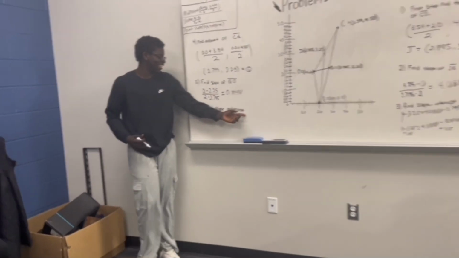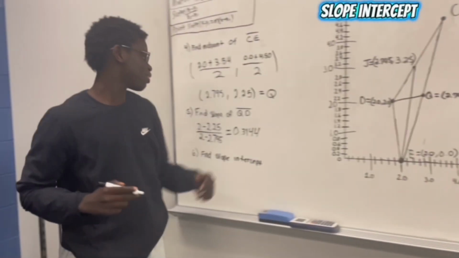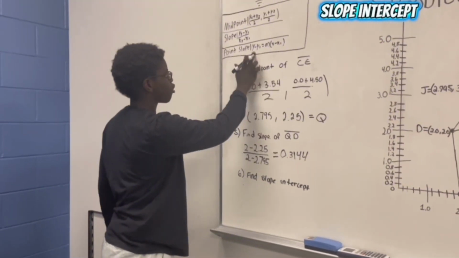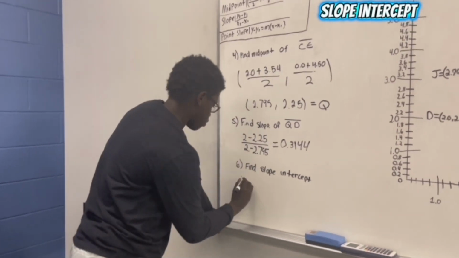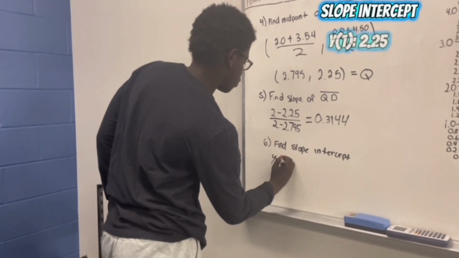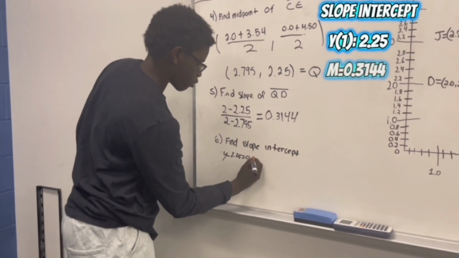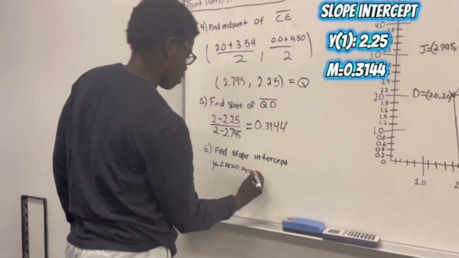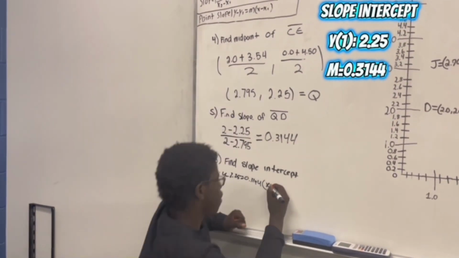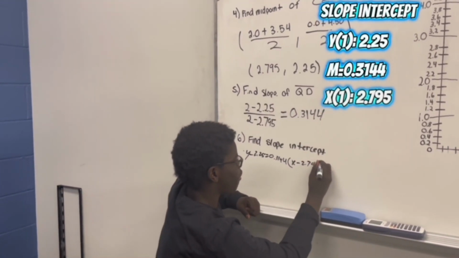Alright, our sixth step is we need to find the slope-intercept of this line right here. So we use our midpoint, and we use our slope, and we use our point-slope form. So it would be y minus our y1 of our midpoint, which would be 2.25, is equal to our slope of 0.3144, distributed through x, subtracted by our x1 of 2.795.